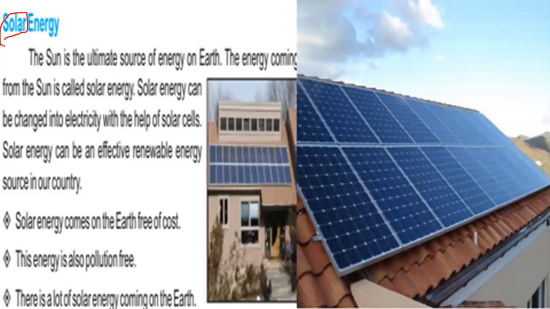We use these two types of energy for generating electricity from solar energy. Here you can see these are large solar panels, and this one is a solar cell, and this is one solar panel in which lots of solar cells are organized.